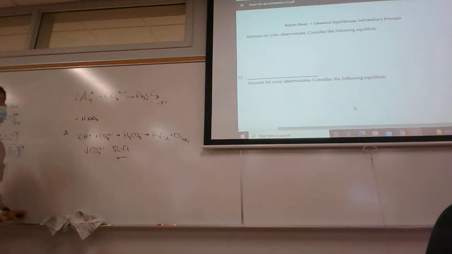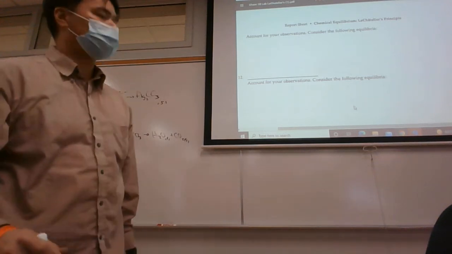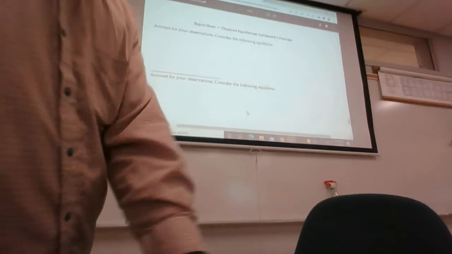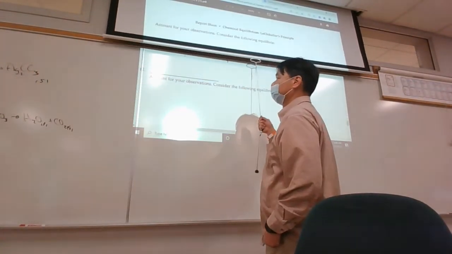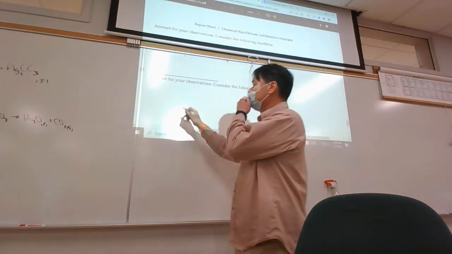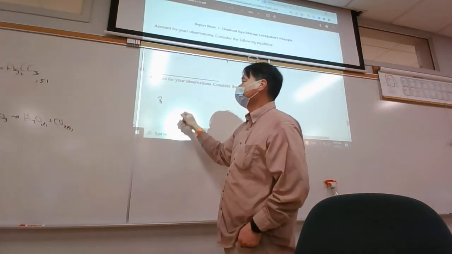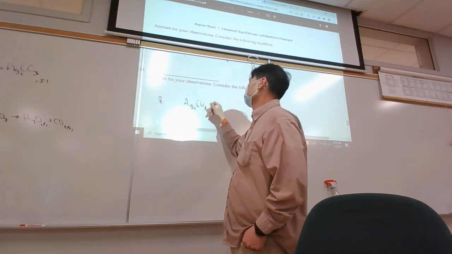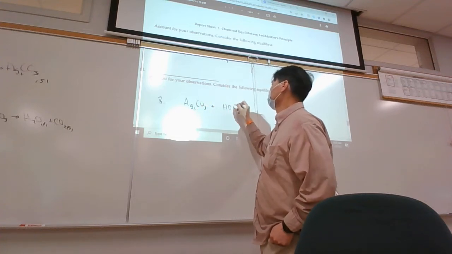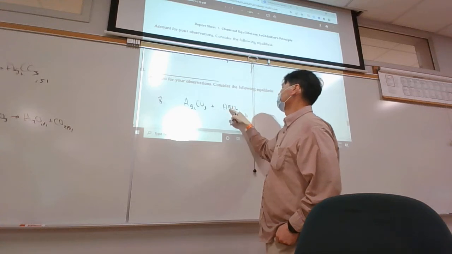Alternatively, we could represent this using a metathesis reaction here, and that would be B. Alternatively, we could just say if we take silver carbonate and react it with HNO3, what do we expect to form?